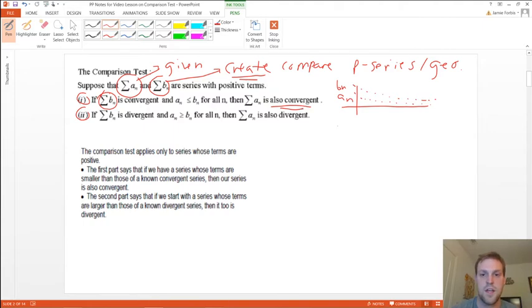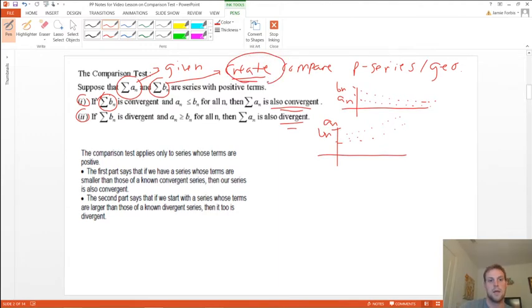And vice versa, if we have b sub n, and I chose b sub n to be divergent, meaning it's doing this right here, well then, if a sub n is greater than b sub n for all n, then that must force a sub n to also be divergent, okay? So again, we've seen this before, we've used this before, and you'll see that it's pretty easy to create once we start getting the hang of it.